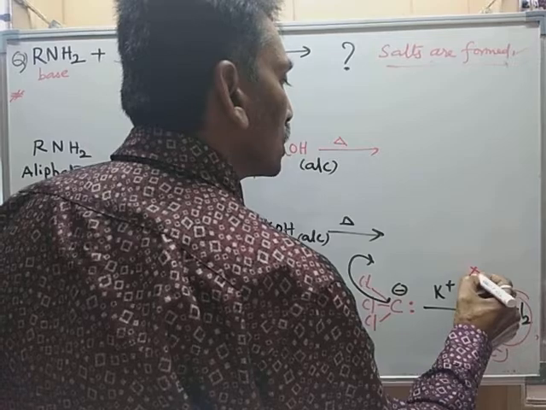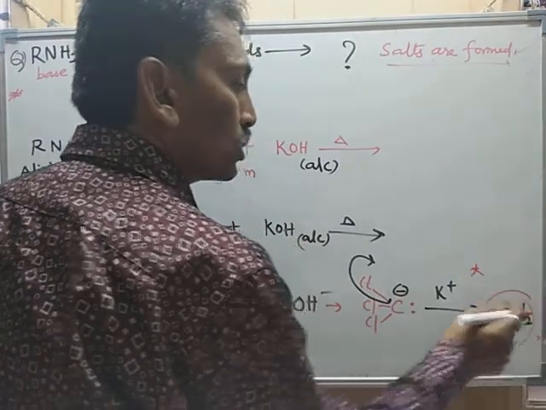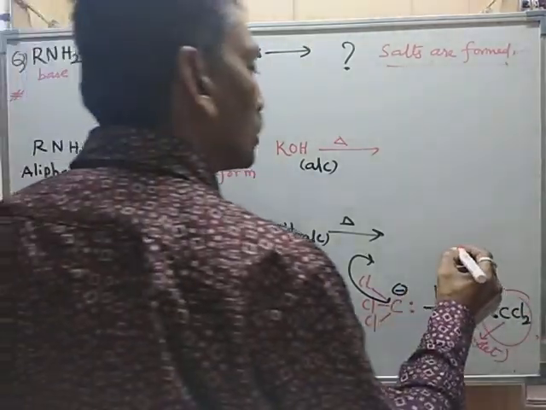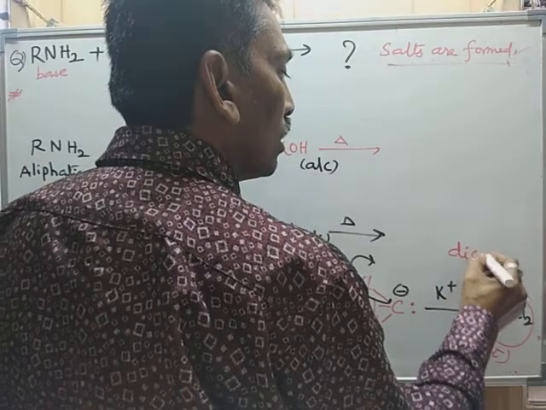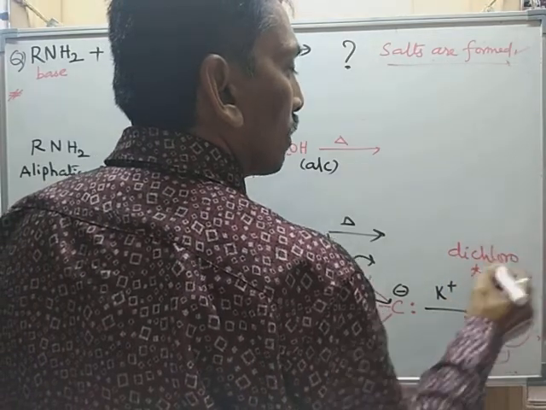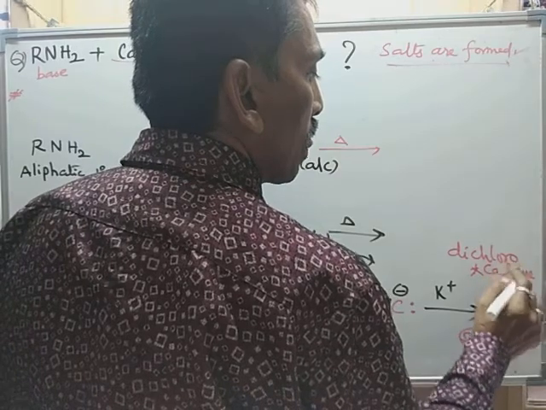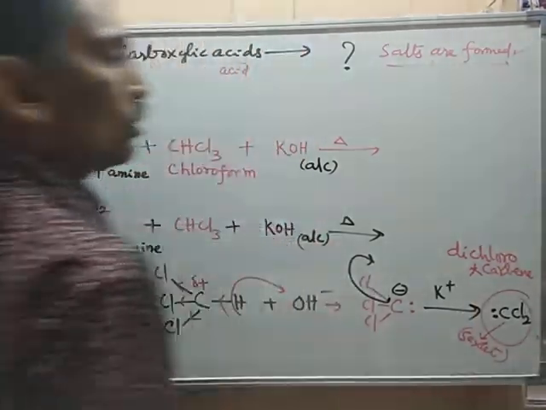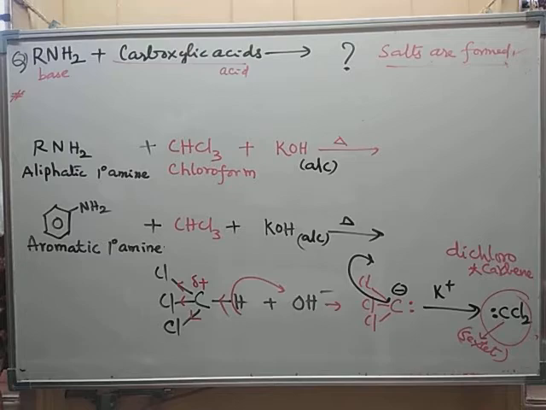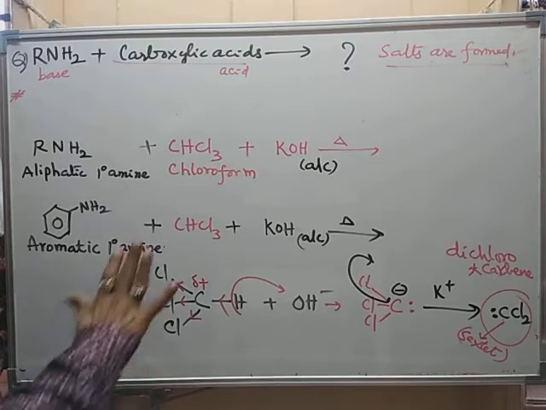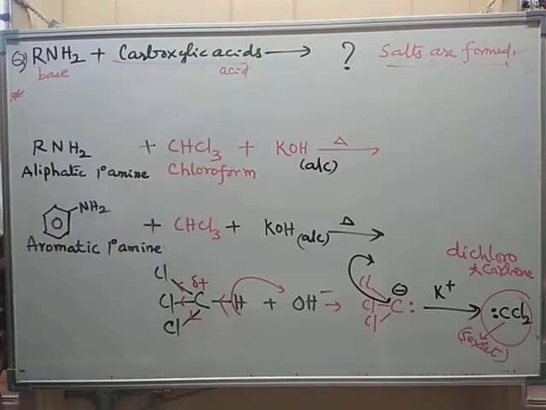Its name is dichlorocarbene, 2 chlorine atoms on 1 carbon. Dichlorocarbene is the reactive intermediate, formed for competitive purposes. The remaining things are finished very easily.